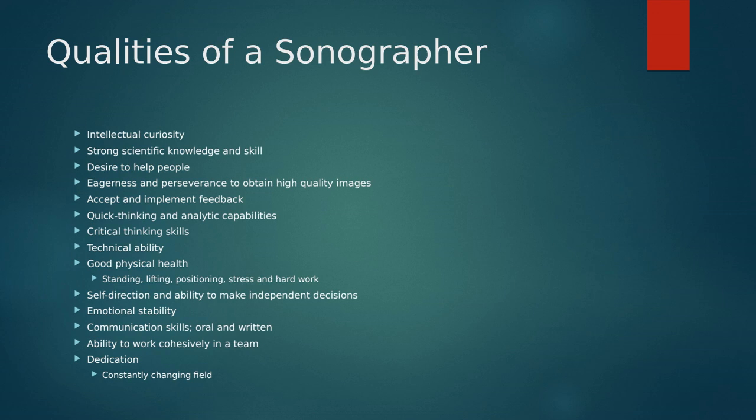You also have to have emotional stability. Like I said previously, we are the first person to know that our patient has cancer, and that is a lot of weight on our shoulders. We are the first person to know that a mom is having a miscarriage. These are really stressful and overwhelming situations to be in.